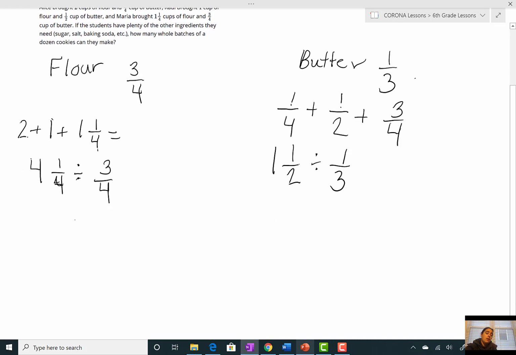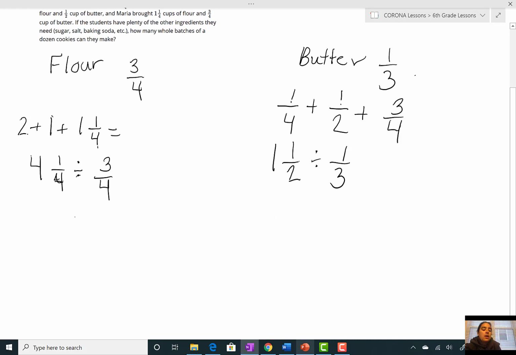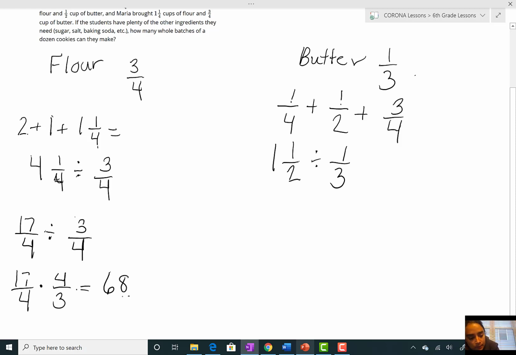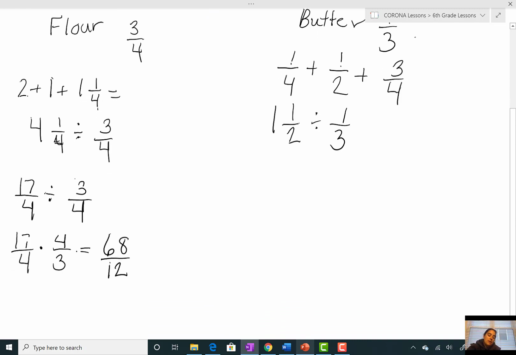So I could make a model, which if you wish to do that, that's fine, or I can use the algorithm. So I'm going to change this to an improper fraction, which is 17/4 divided by 3/4. Okay? So now I can do that using the reciprocal method. 17/4 times 4/3 gives me 68/12, which I need to change to a mixed number, which would give me 5 8/12.